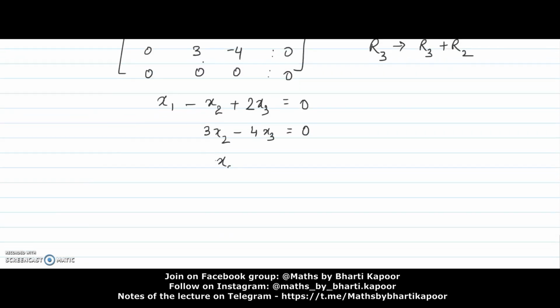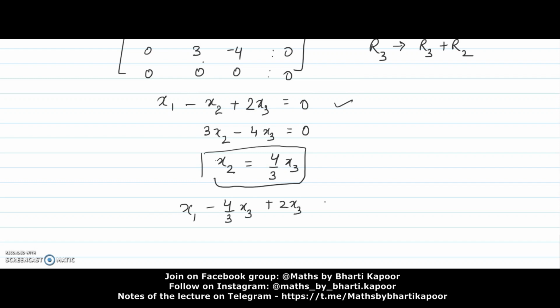Now what is the value of x2? This is 4 by 3 x3. Substitute this value of x2 in the first equation. It will be x1 minus 4 by 3 x3 plus 2 x3 equal to 0. That means x1 is equal to 4 by 3 minus 2 x3, which is equal to minus 2 by 3 x3.